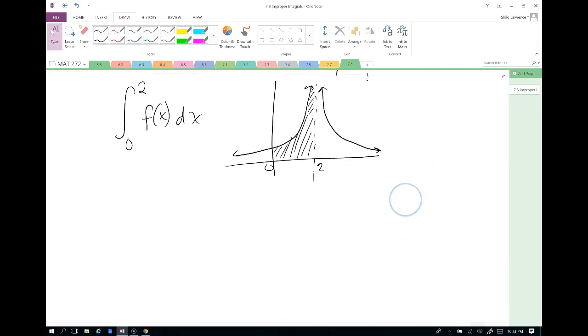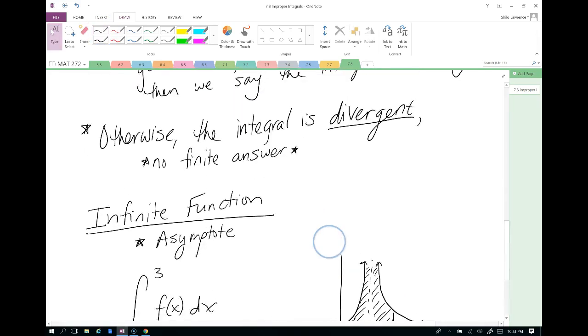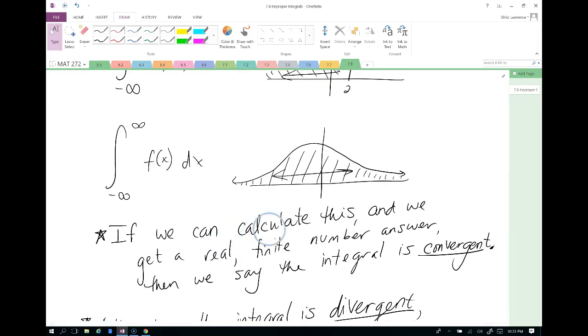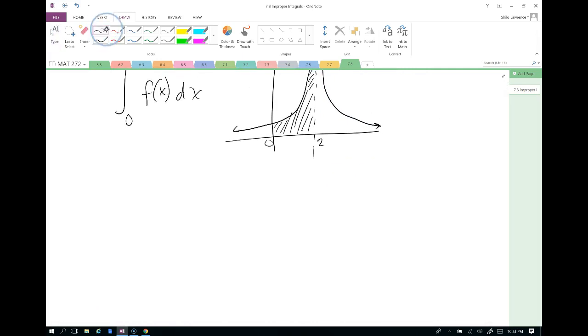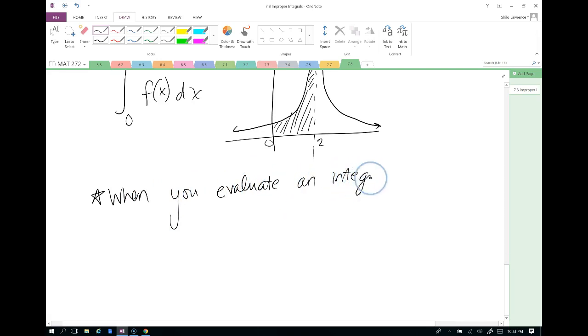So the most important thing to understand, it doesn't matter whether we're dealing with infinities at our endpoints or whether we're dealing with real numbers at our endpoints, is that when you evaluate an integral, you always want to make sure that at one of your endpoints the function is defined and can be evaluated there.